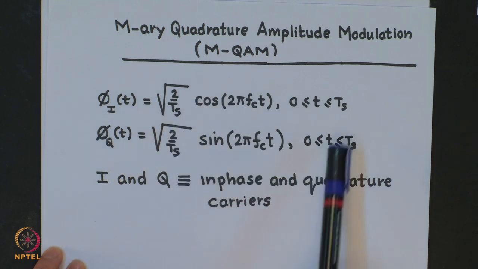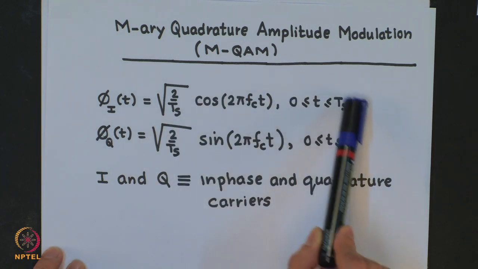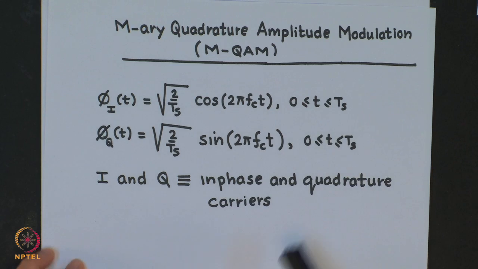Both are defined over the symbol duration, that is Ts. Using these orthonormal basis signals, we generate the QAM message signal set as follows.